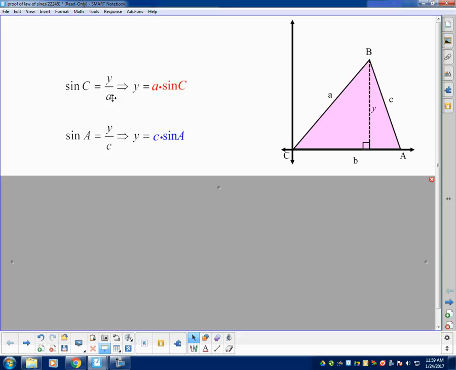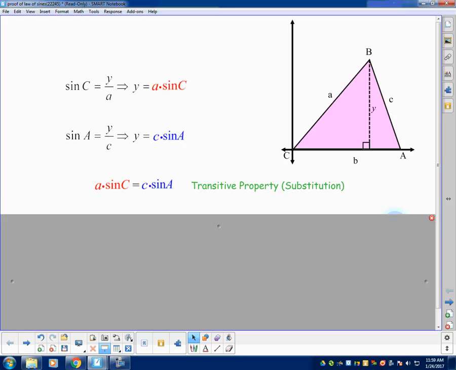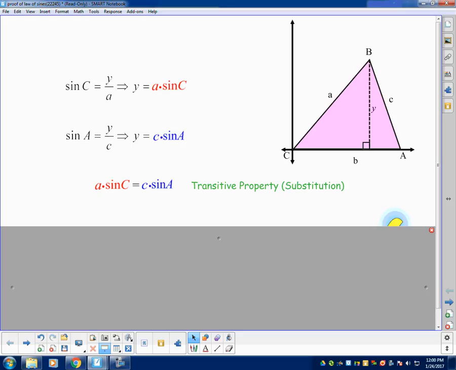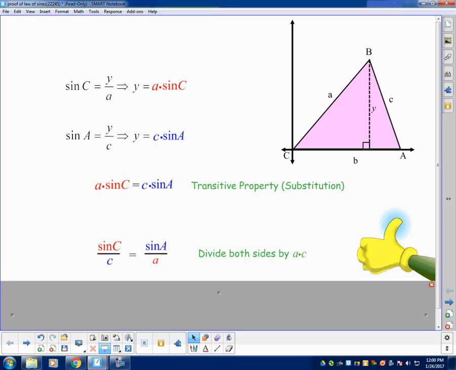You see that? Here we have y equals C sine of A, but also in this right triangle, y equals A sine of C. Now, they're both equal to y, therefore they are equal to each other. So by substitution, or transitive property, A sine of C equals C sine of A. I do a little bit of moving around terms here, and voila.